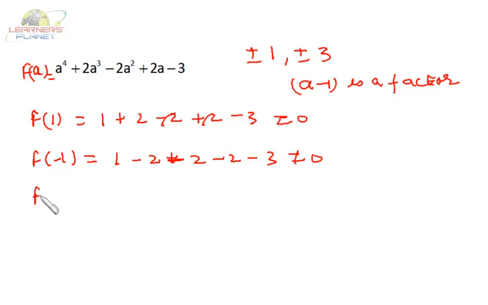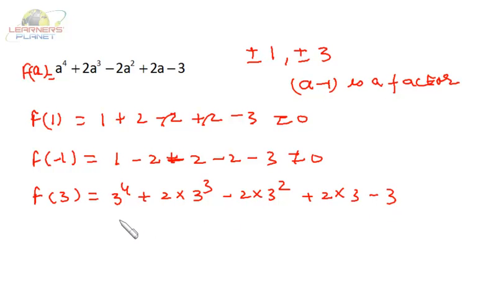So f of 3 is equal to 3 raised to 4 plus 2 into 3 cube minus 2 into 3 square plus 2 into 3 minus 3. So it's 81 plus 27 into 2, 54, minus 9 into 2, 18, plus 6 minus 3. So we are not getting 0. That means a minus 3 is not a factor.